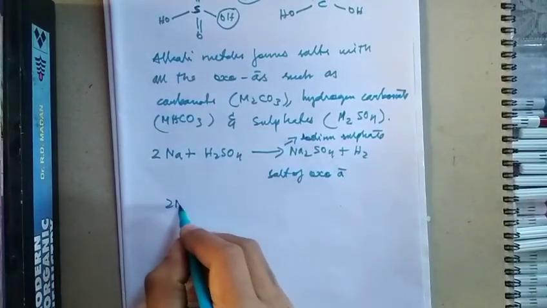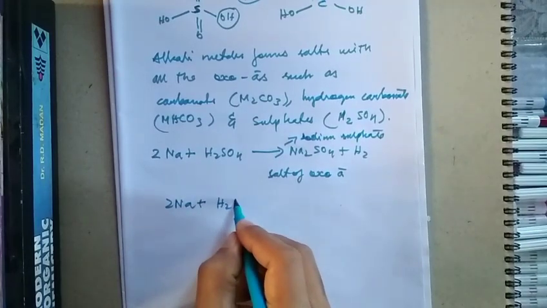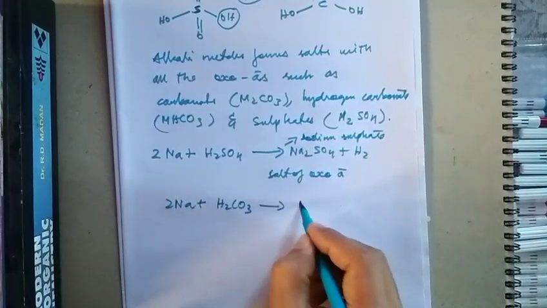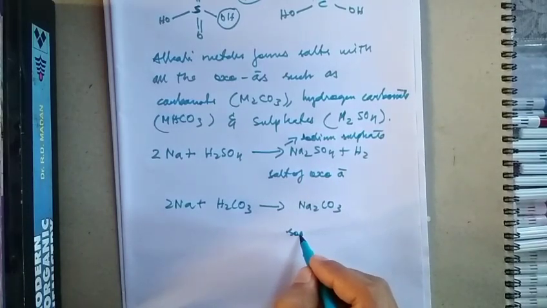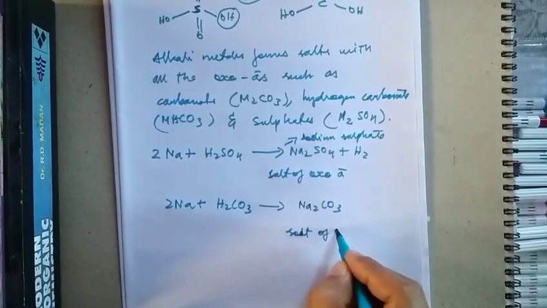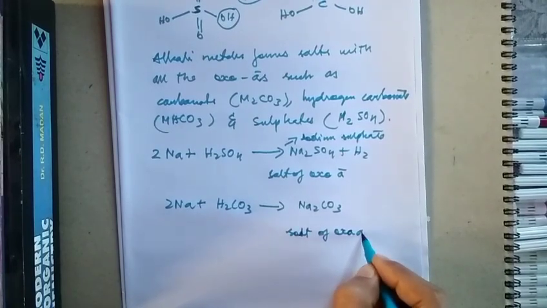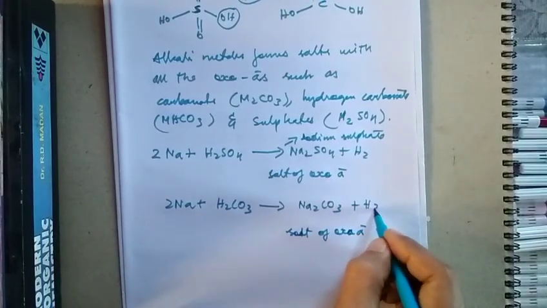Next, 2Na plus hydrogen carbonate gives Na2CO3 plus H2.